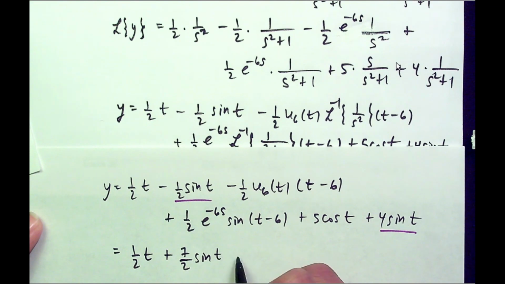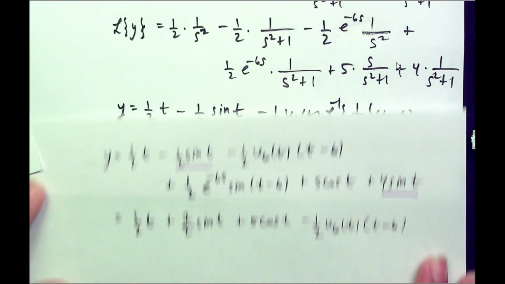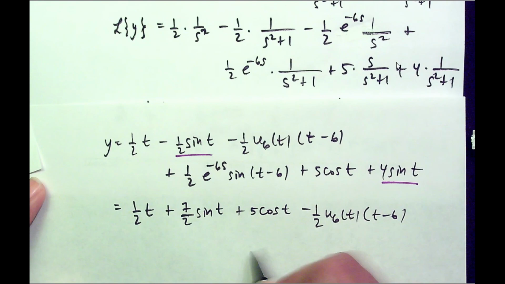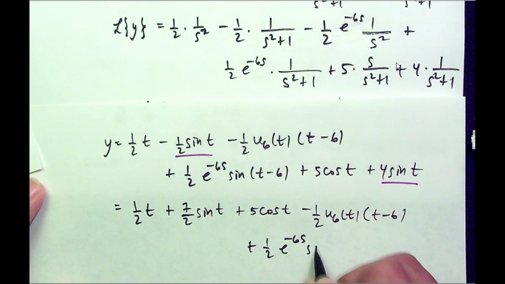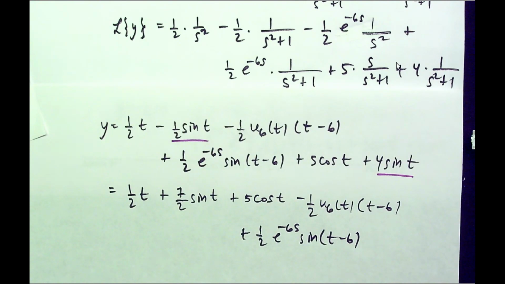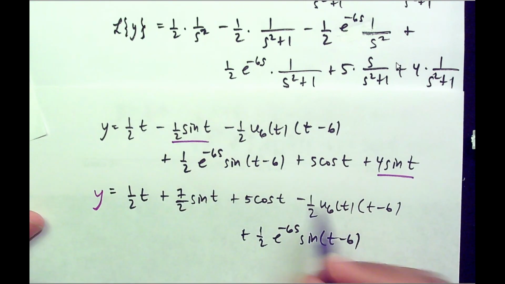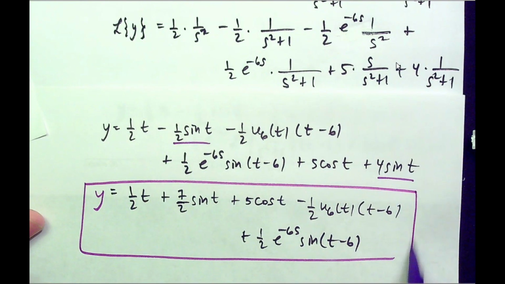Sine of t, and I'm going to put the cosine in front as well. 5 cosine of t minus a half u6 of t times, that's the actual times, plus a half e to the minus 6s sine of t minus 6. Okay, and this completes the hardest section in the whole semester. That's the answer for that problem.